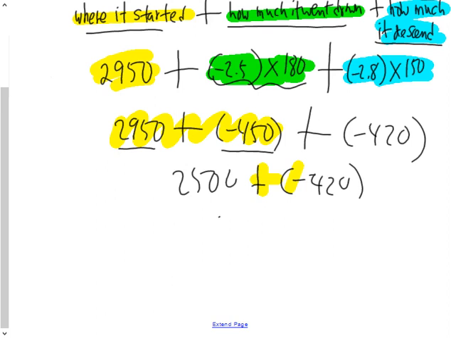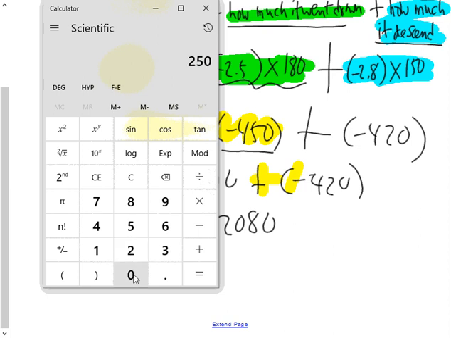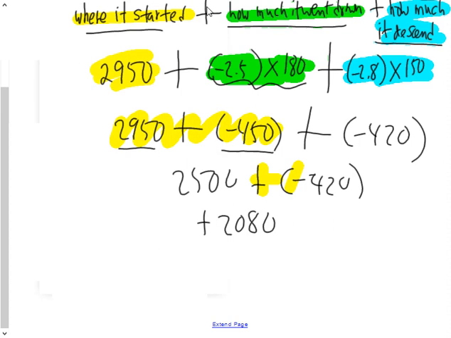When I combine that, I'm going to end up with a positive 2,080. Or if I take my calculator, 2,500 plus negative 420 equals 2,080. So therefore, the plane is 2,080 meters above Earth.